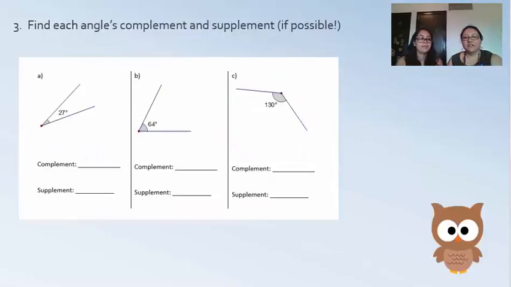All right, so moving on to the next slide, we have find each angle's complement and supplement if possible. So we have this angle of 27. To find the complement, we would have to do 90 minus 27. If we put that in our calculators, that would be 63. And then for the supplement, we have 180 minus 27.